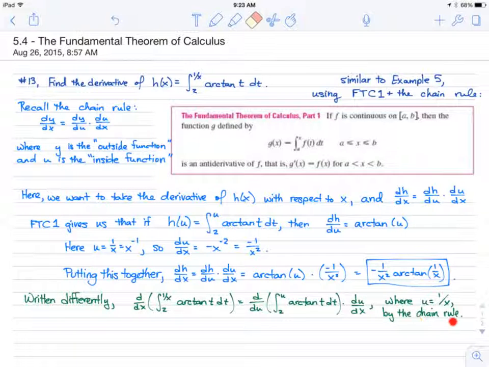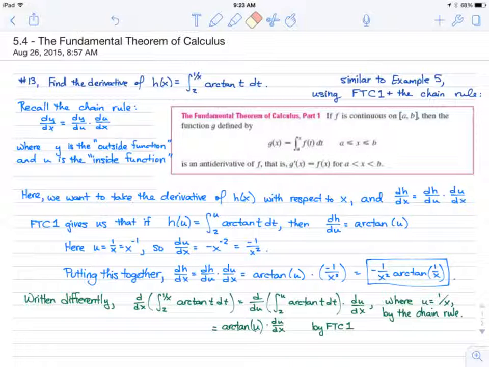So this is by the chain rule. This is what allows us to write it out this way, and I'm letting u equal 1 over x in order to do so. In this case, the fundamental theorem of calculus part 1 applies just to this little spot right here, and it tells us that the derivative of the definite integral is the integrand evaluated at the variable, which is u here, so arctan u, and then times du dx.